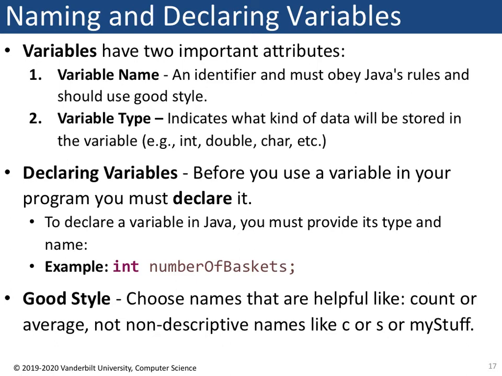So for good style, when choosing an identifier for a variable, you choose a name that is helpful. Count or average would be much better than something not very descriptive like C or S or myStuff. Using words that have enough meaning to be read and understood increases the readability of your program.